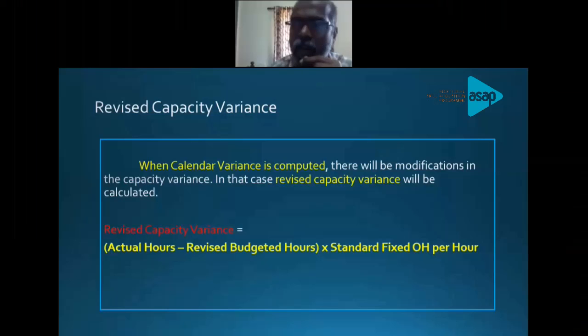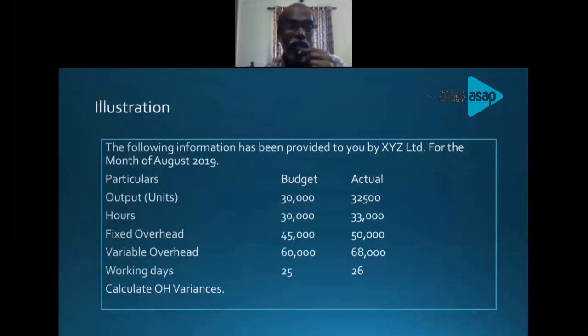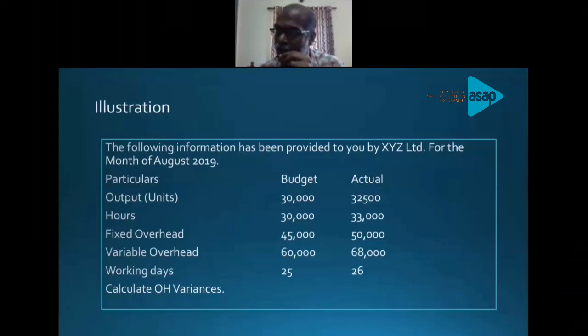Okay, let's have a simple question to deal with overhead variances. I'm not sure whether I can complete this because the time allotted is only up to 11:30.